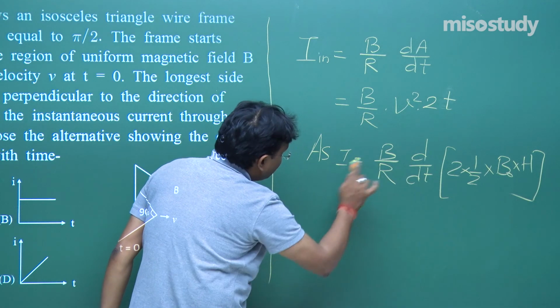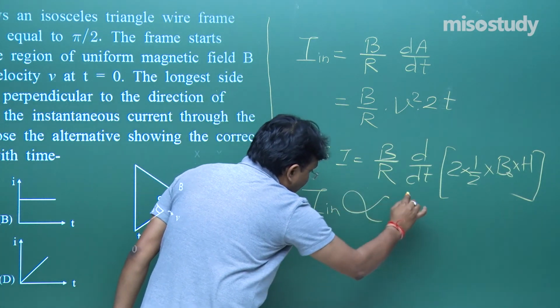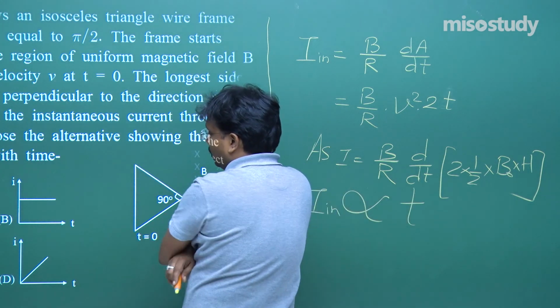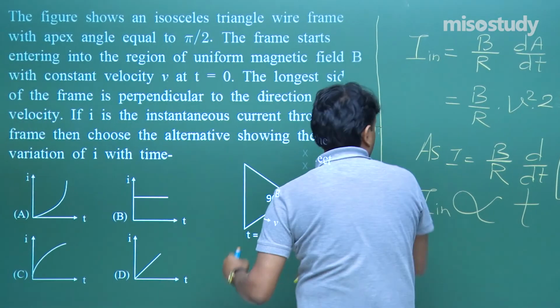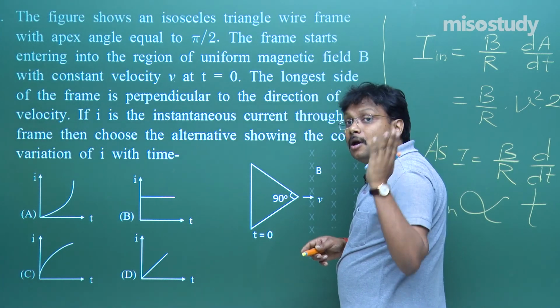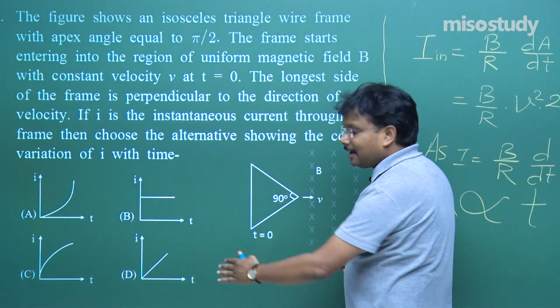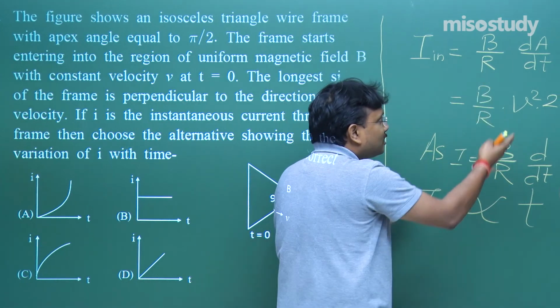So, from here after solving you can say I induced is directly proportional to T, and from here if you just take a look, then only graph which is representing this situation is this one. It is nothing, class 10th, V is equal to IR, V is directly proportional to I, that Ohm's law type of diagram. So, is it like a difficult situation?